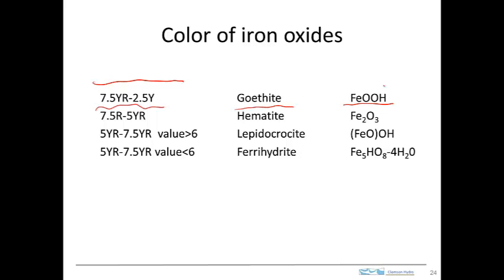As it turns out, the iron oxides have very distinctive colors, and people have gone through and looked at the range of the hues that are presented by these colors. And in fact, these iron oxides are used as pigments in paint in many cases. And so they have these distinctive hues, and we can characterize the hue and then use that to estimate the species of the iron oxide that are present in the soil.